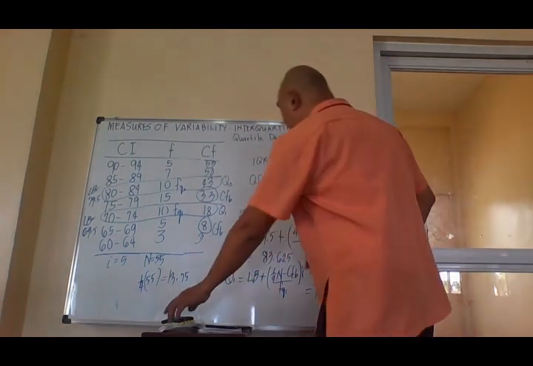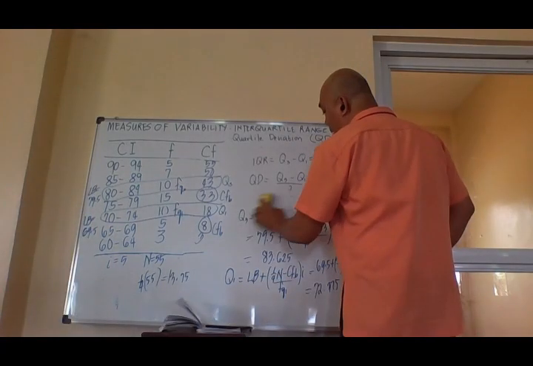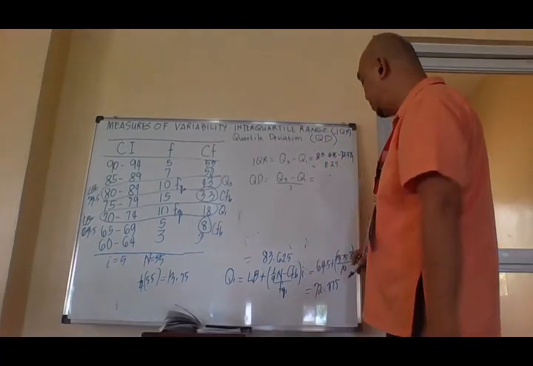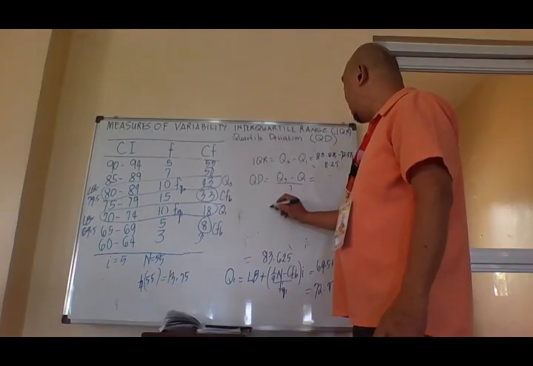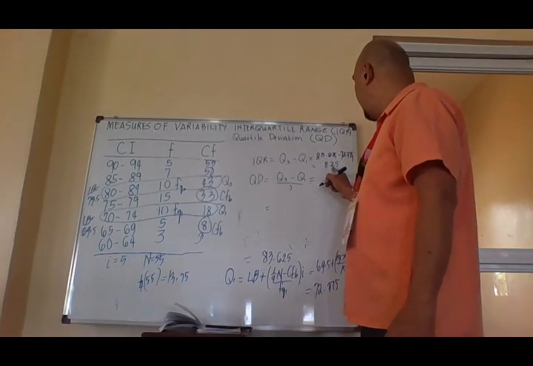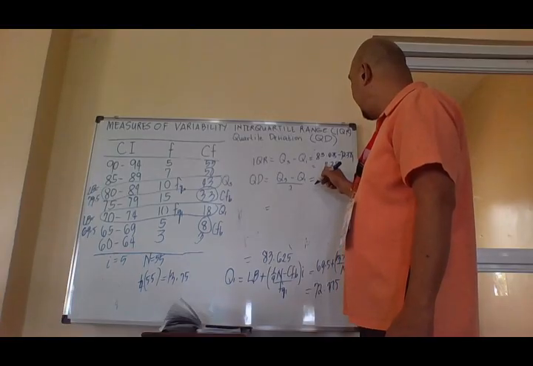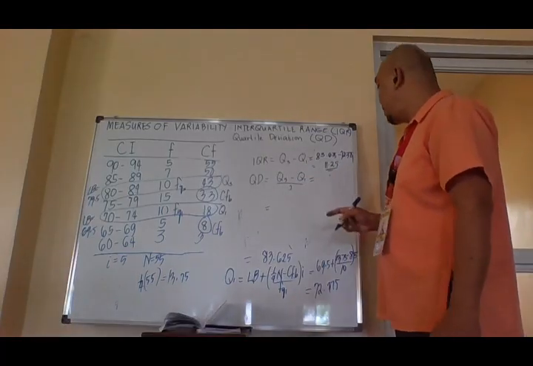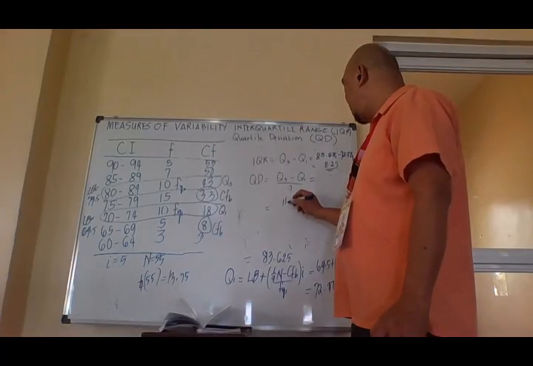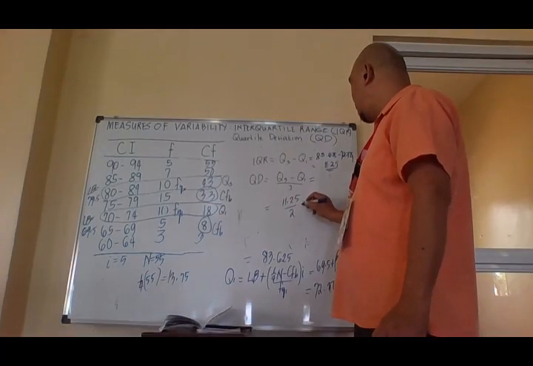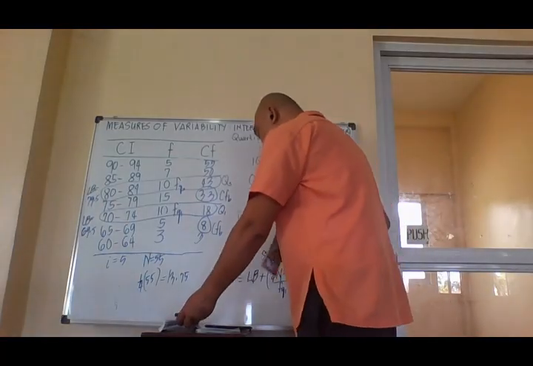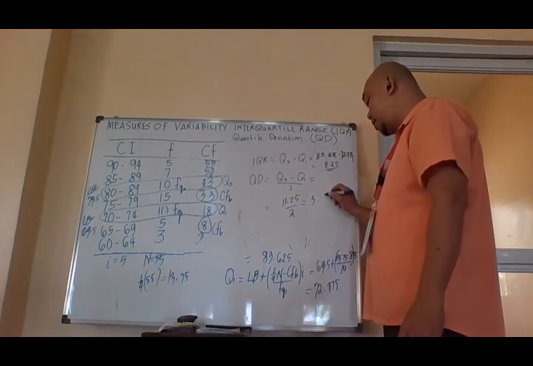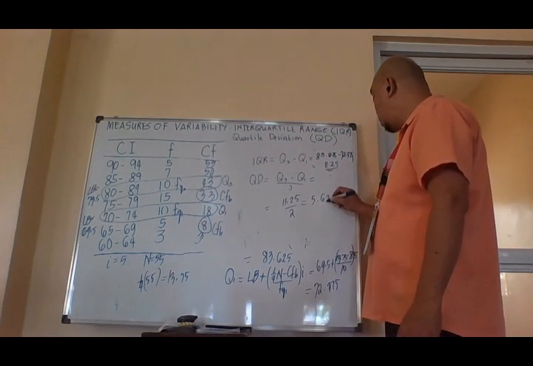How about our quartile deviation? So our quartile deviation is equal to, all we have to do, since we found already that the interquartile range is equal to 11.25, so 11.25 divided by 2 is equal to 5.625.